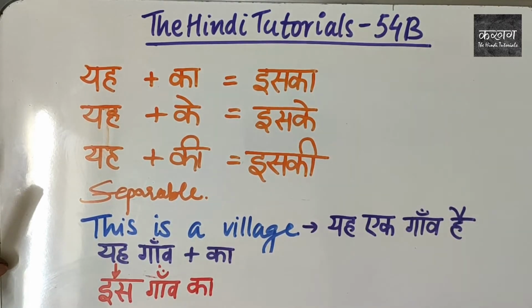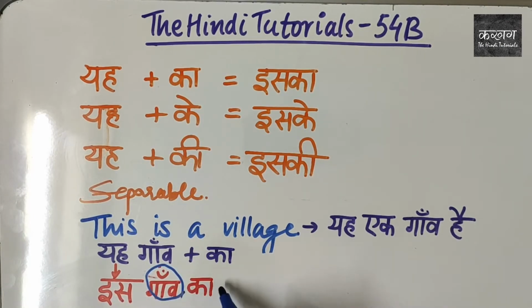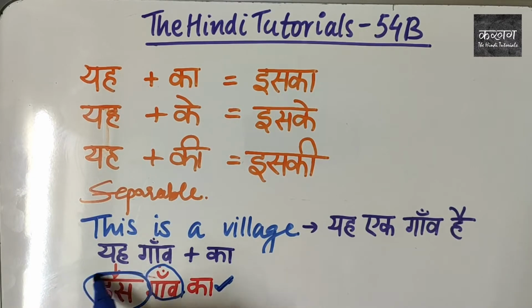In this phrase, is gaon ka, the word gaon is an oblique case because of the presence of the postposition ka, and also the word is has to be in oblique case because it is related to the noun gaon.